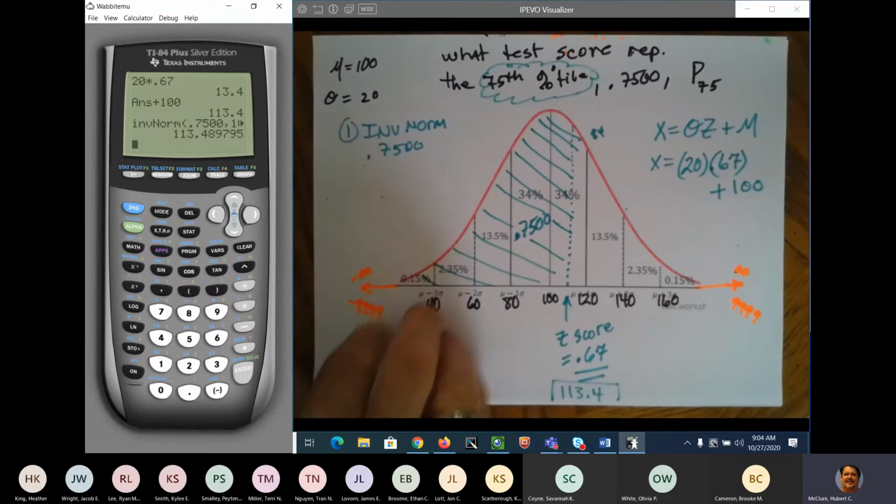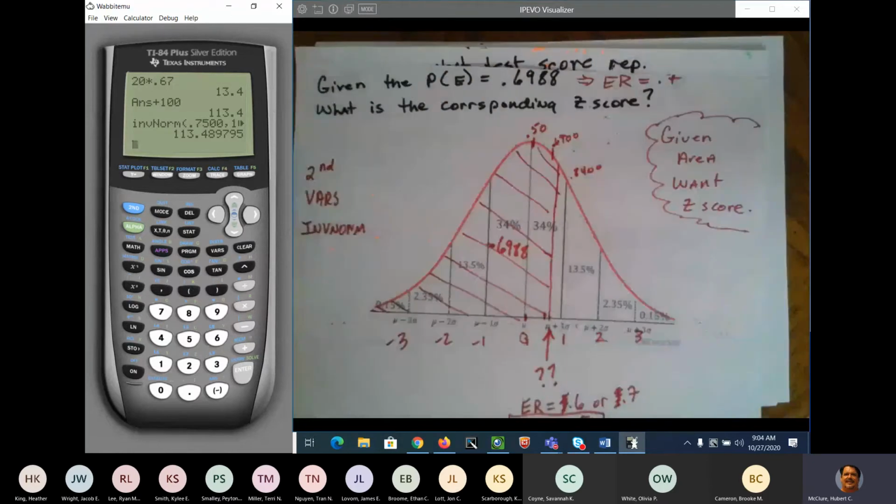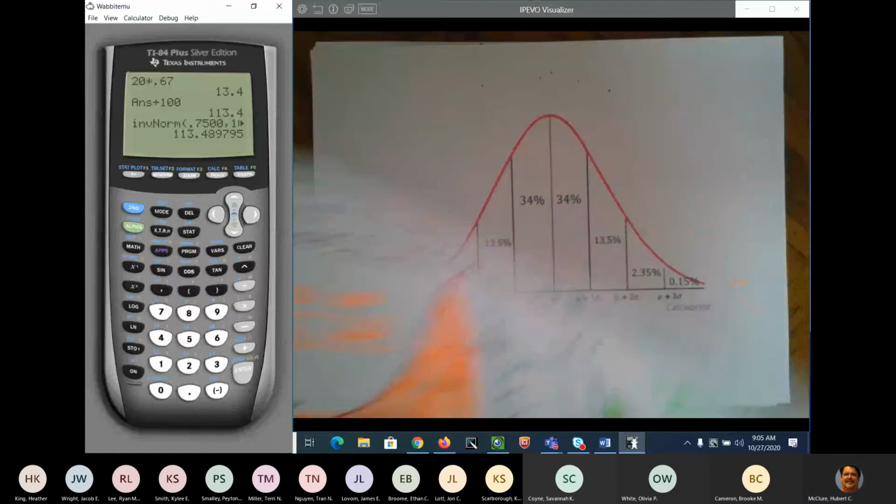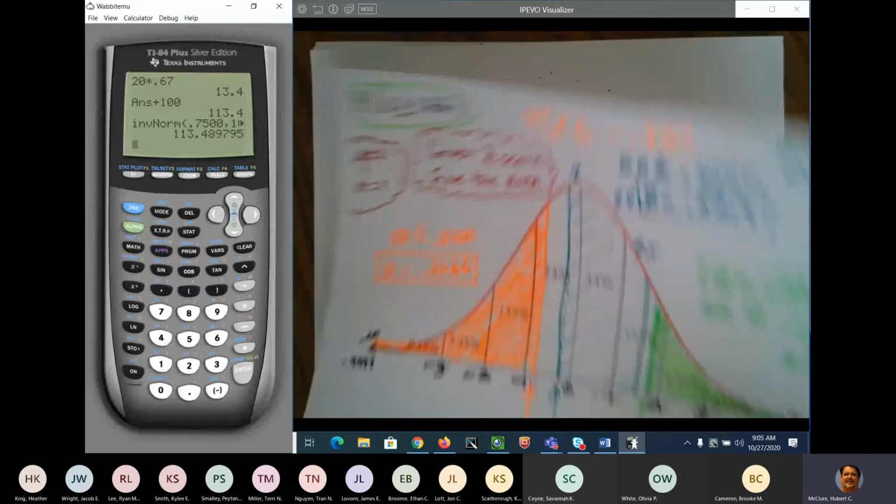Now, I have just gone over 4 types of questions. Let's go over them again. Let me just get them all out of the way. Mu is equal to 0 with a standard deviation of 1.